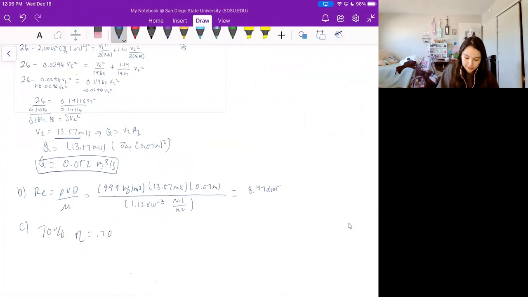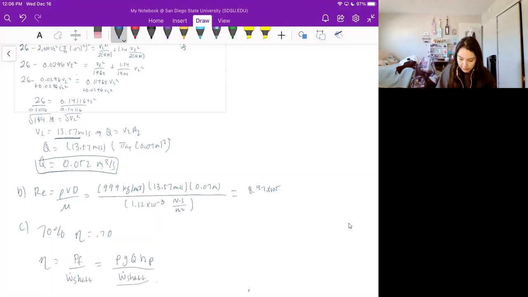The equation for this is eta is equal to power delivered by the fluid divided by the work of the shaft. And the power delivered by the fluid can be simplified into rho g Q H_p, where H_p is the head rise we have, divided by the work shaft.